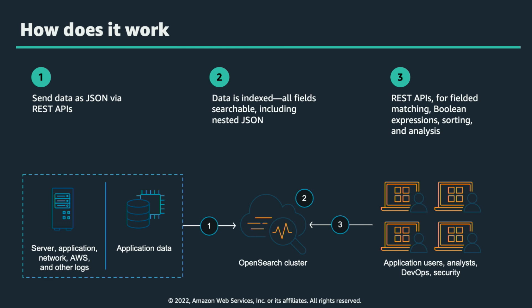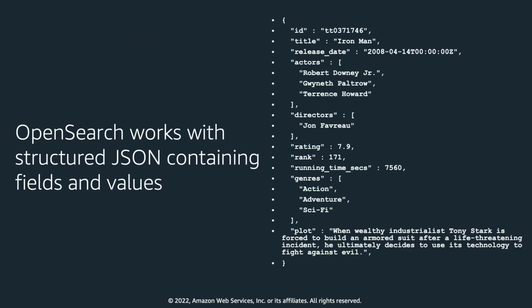So when you've indexed your data, you also use REST API calls to get your data from the OpenSearch cluster, and you can do many different things there, aggregations, pattern matching, etc. OpenSearch works with structured JSON containing fields and values.